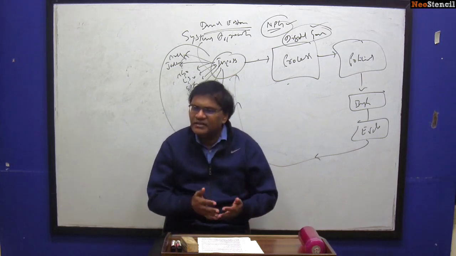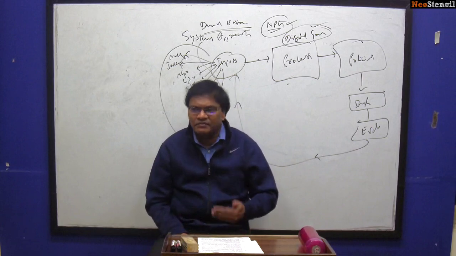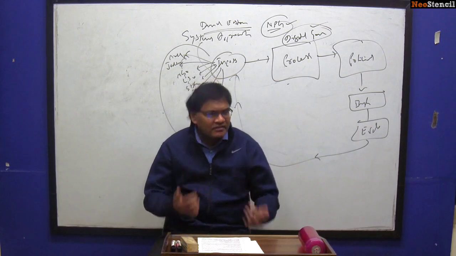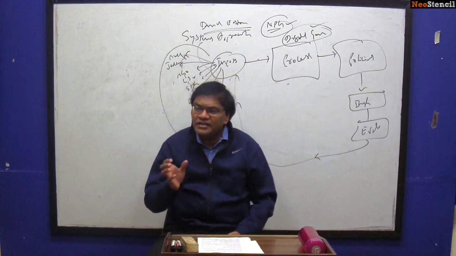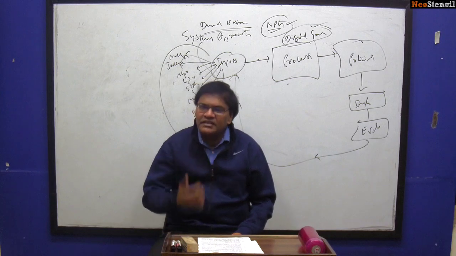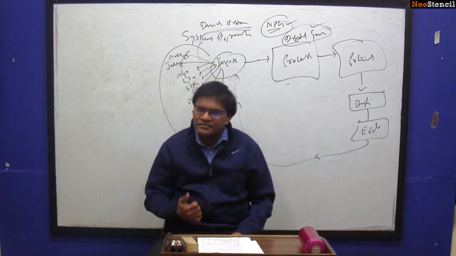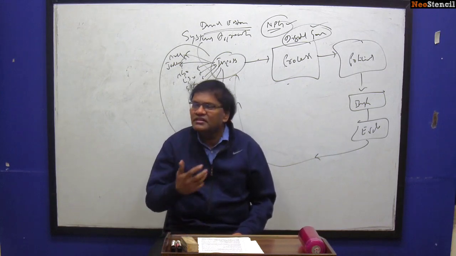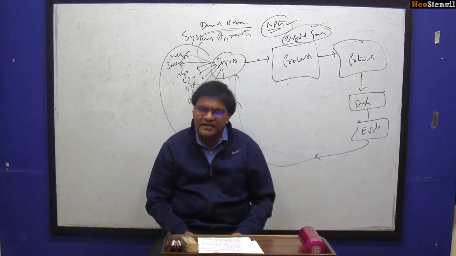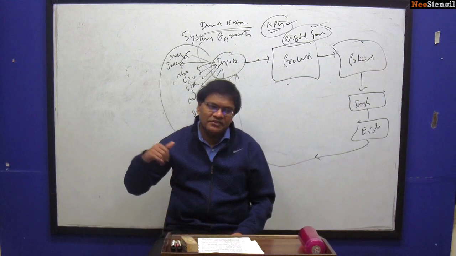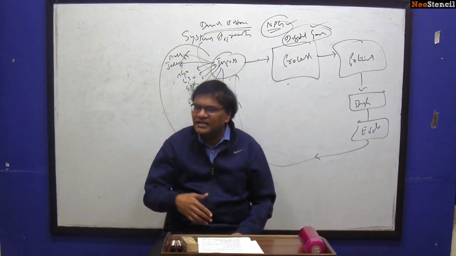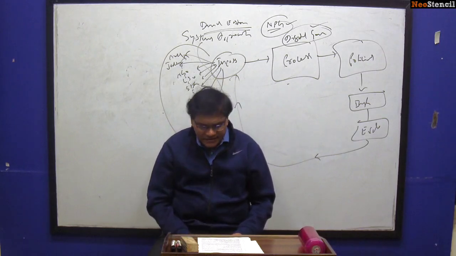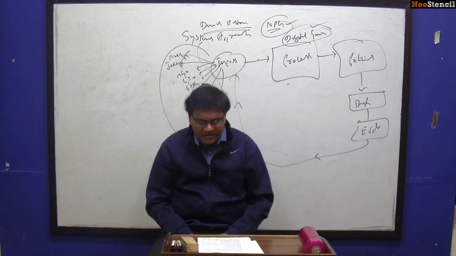And at the same time, if there are any major lacuna in their performance, they will be asked to rectify those mistakes. And also, it focuses on what we call job enrichment. They will be asked to identify their areas of study, their areas of work specialization, so that they can focus more on those areas, job enrichment. And ultimately, this performance evaluation is used in a constructive manner to benefit the employee as well as the organization. That is what we say.